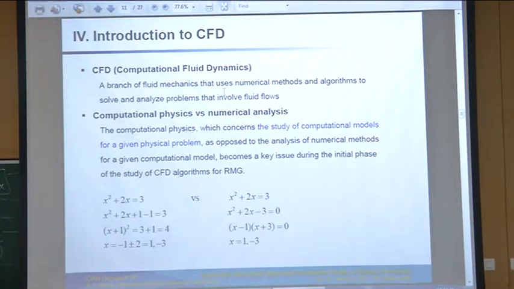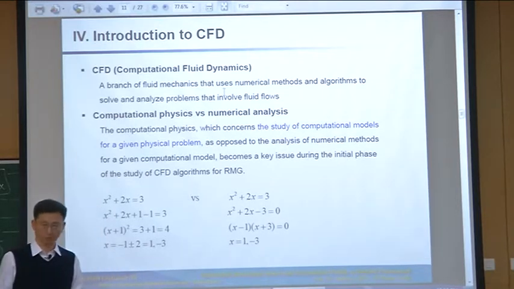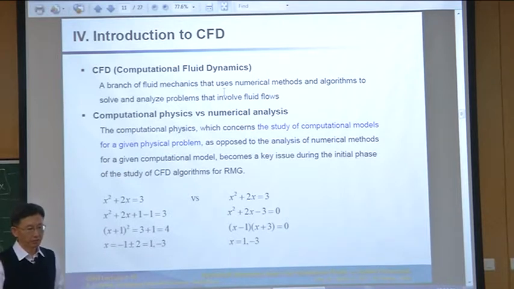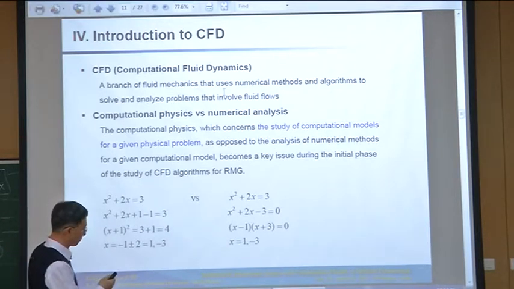And another one: I'd like to explain the difference between computational physics and numerical analysis. CFD is the broader term. Everything where you try to solve fluid dynamics using a computer is CFD, but there are two disciplines. One is computational fluid dynamics, physics.